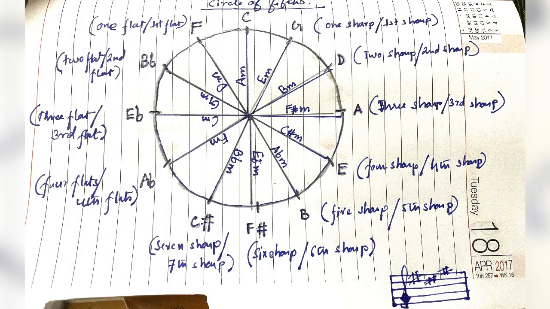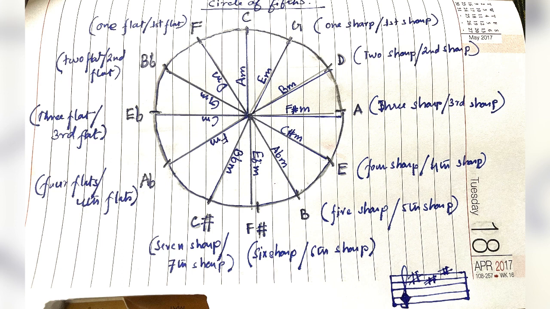We come now to the final concept of this lesson, that is the circle of fifths. Before going into it, I hope the concepts of scales, diatonics, and triads are clear in your mind.